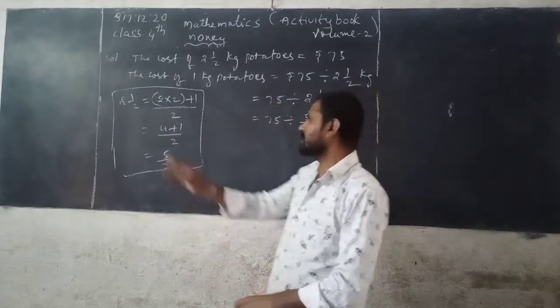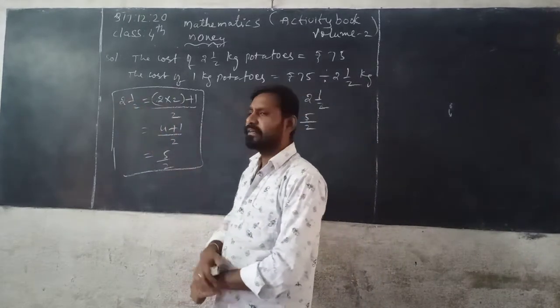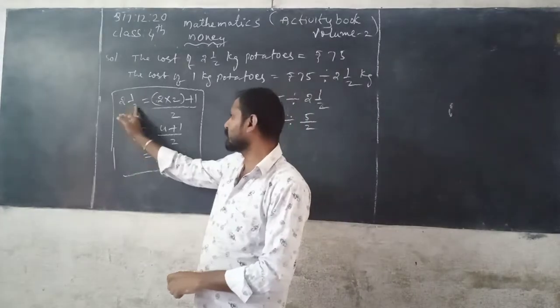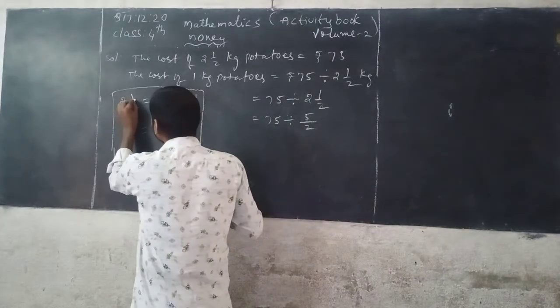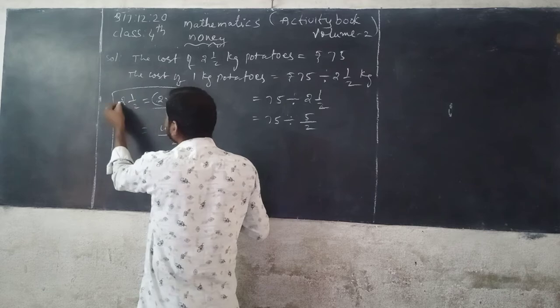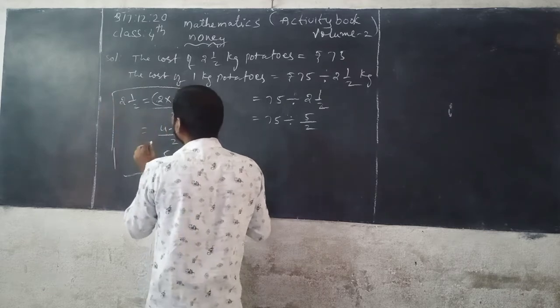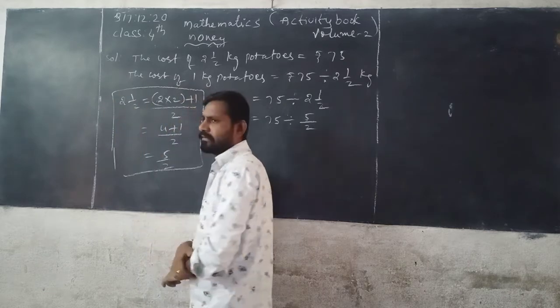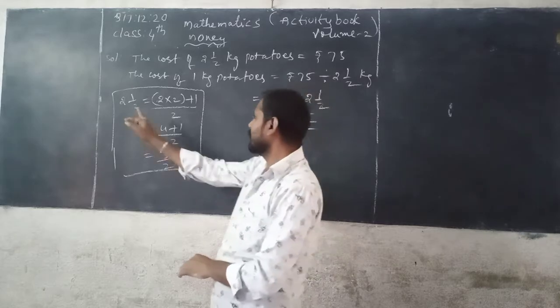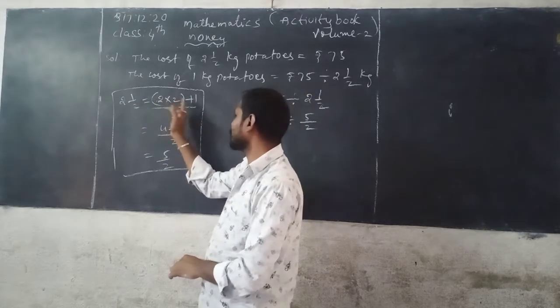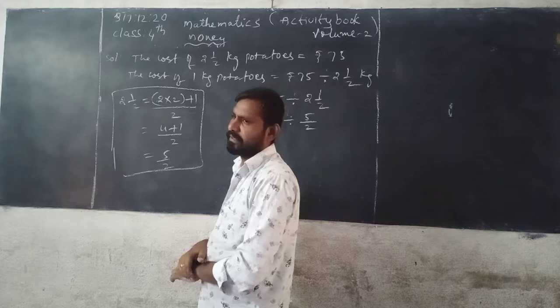See here, this mixed fraction is converted into an improper fraction. The denominator is multiplied with the whole number and 1 is added to it. See, 2 into 2 plus 1. 2 2s are 4 plus 1 by 2. See here, this is the denominator.